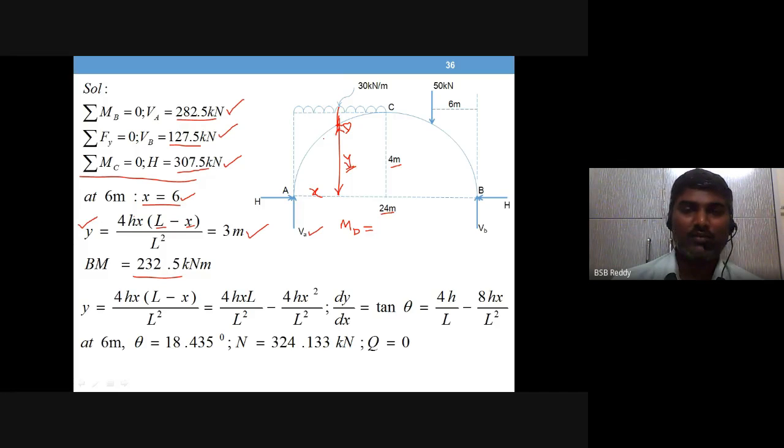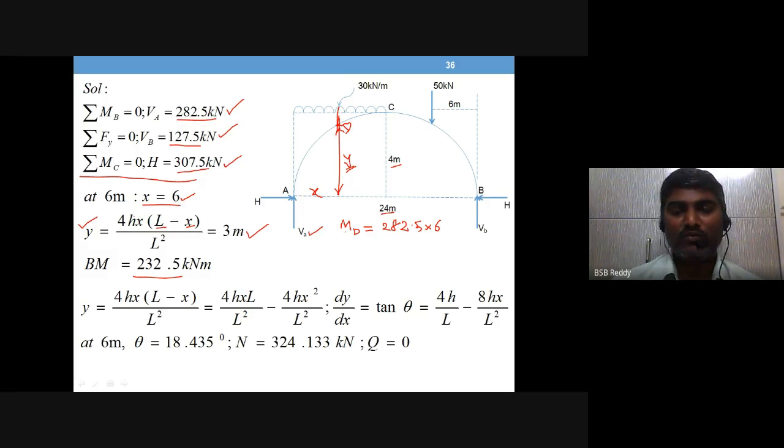So what are all the forces you have? You have VA value. What is VA? 282.5. So write that, 282.5 into what is the distance? 6 meters between D and VA. Now what is the direction?